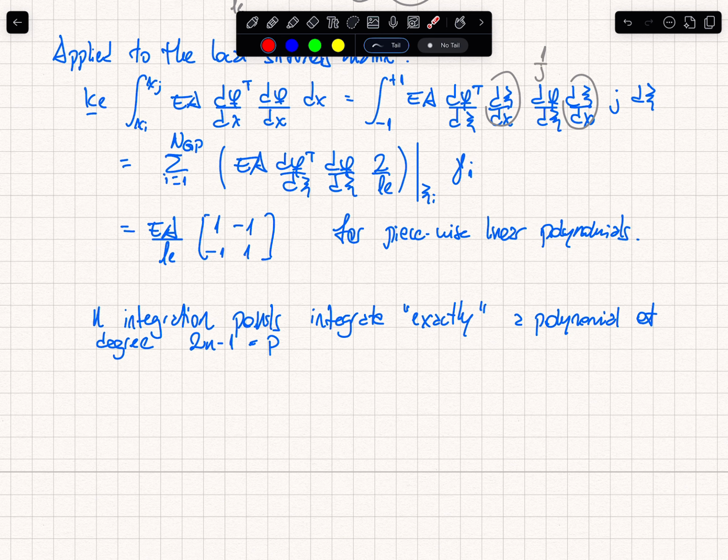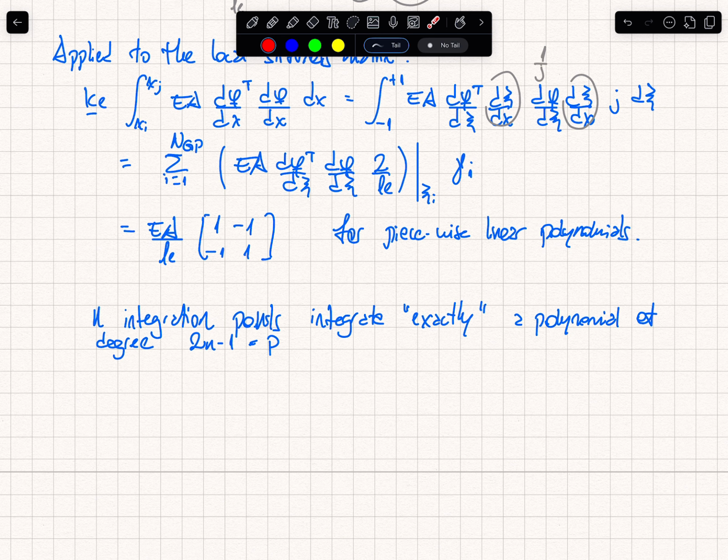Since you know that you're not going to be able to integrate exactly, one of the tasks in the project is to think how you're going to integrate this function so that it makes sense for the purpose of the project. You're going to develop your own strategy. What am I going to do to integrate this term, the force vector, so that it makes sense for my project? Because it cannot be integrated exactly with numerical quadrature.